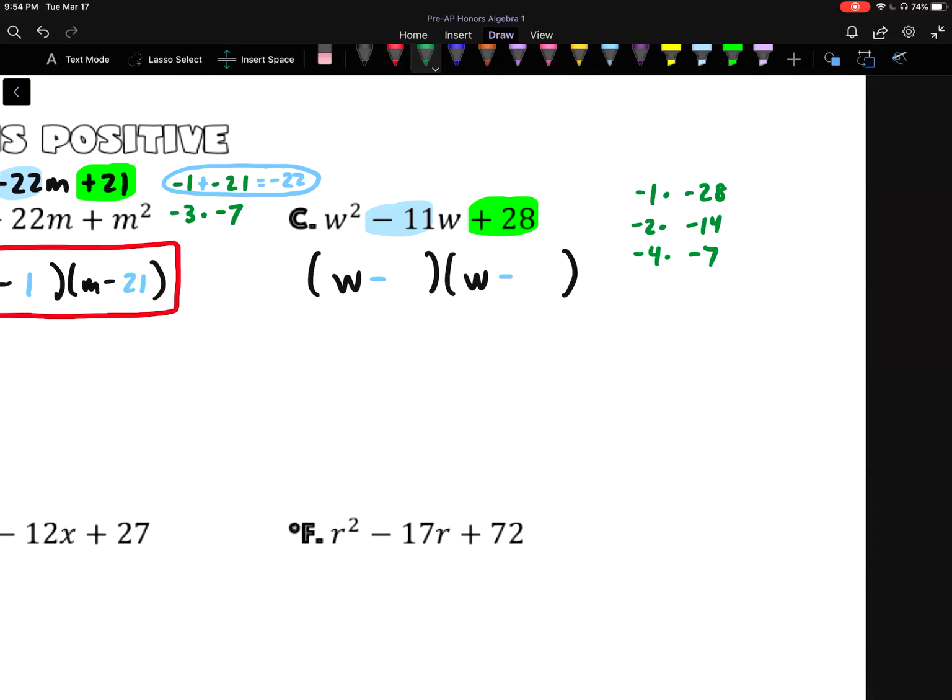So the combination that is going to add to negative 11: negative 1 plus negative 28 gets me to negative 29. Negative 2 plus negative 14 gets me to negative 16. And negative 4 plus negative 7 gives me negative 11. So w minus 4 times w minus 7.